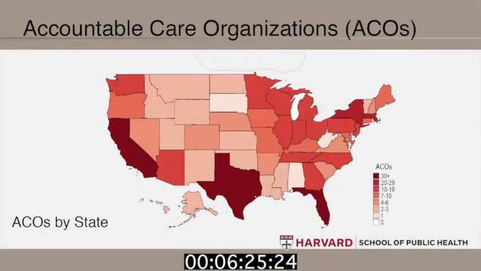So this map shows accountable care organizations in Medicare across the country. And you can see in the darker shaded states, these are states where accountable care organizations are very prevalent, where there are 30 or more organizations that are undertaking this new contracting model with Medicare with the goal of saving money and improving quality.